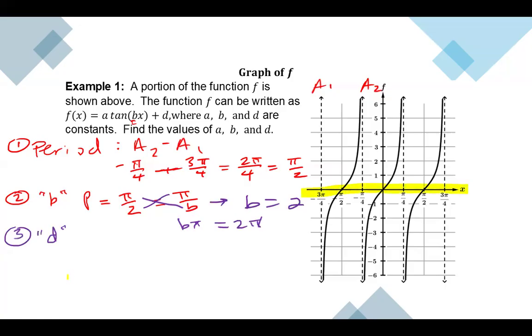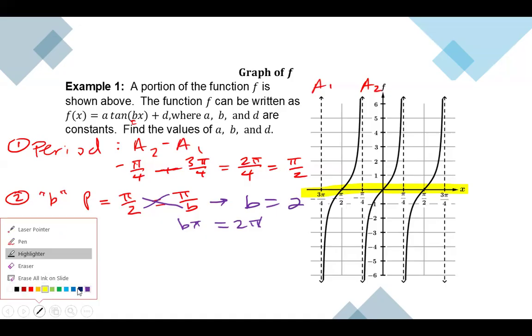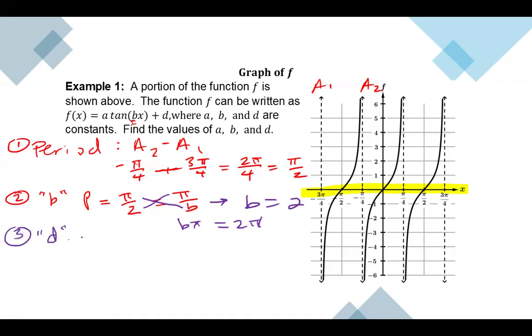No. That's all d is. Did our center move? Nope. So your d, you're looking for the center. And our center is still located at y equals 0. So therefore, d equals 0.